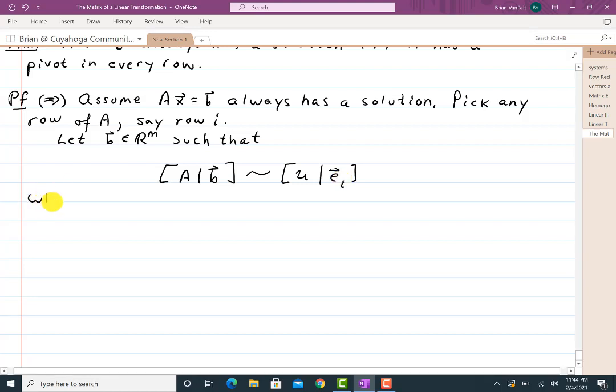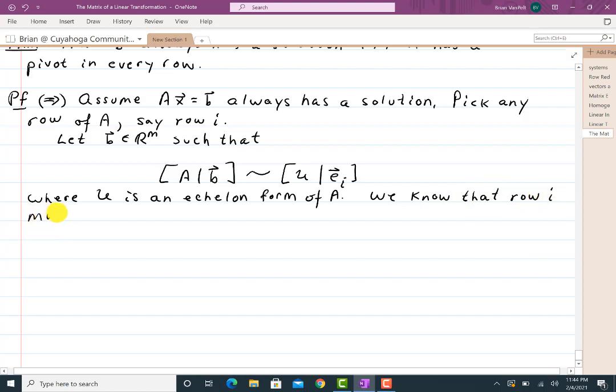And this is where U is an echelon form of A. We know that row I must look like leading zeros, a block, and then maybe some stars after it.